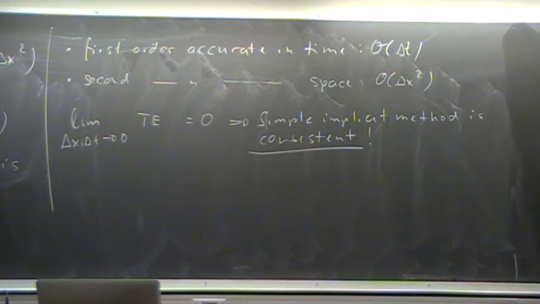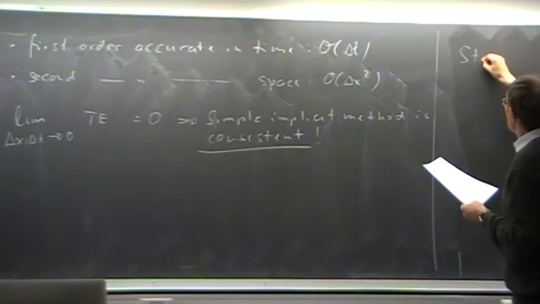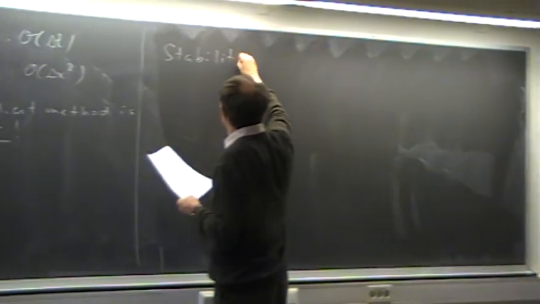If we want to know a little bit more than how the error terms look like, we would have to take more terms in the expansion as we did for the time-centered space, but we skip that here. Instead, we look now at stability.